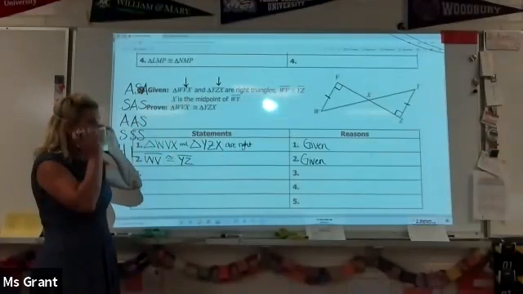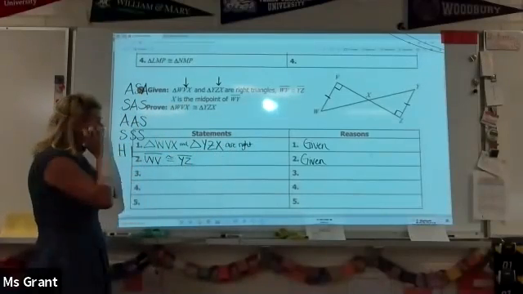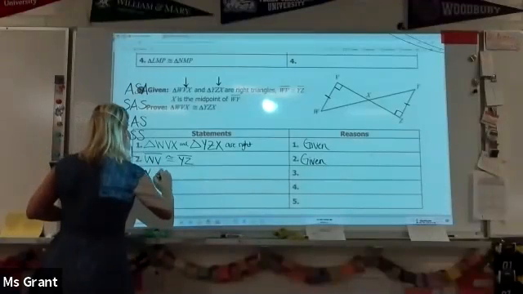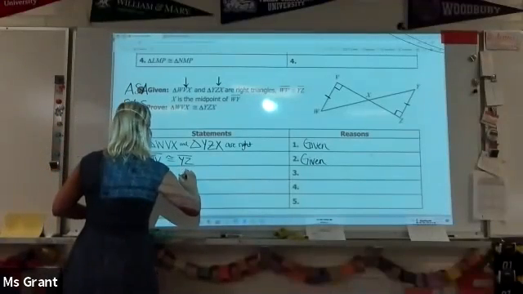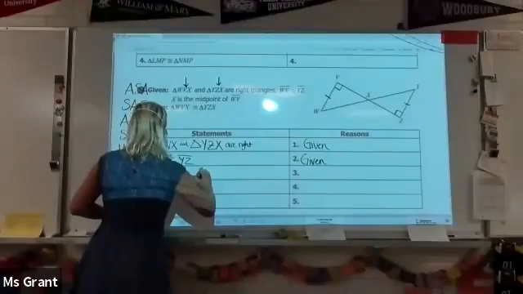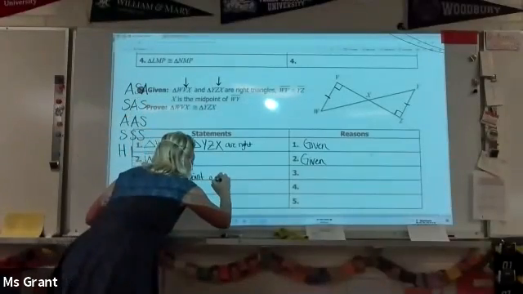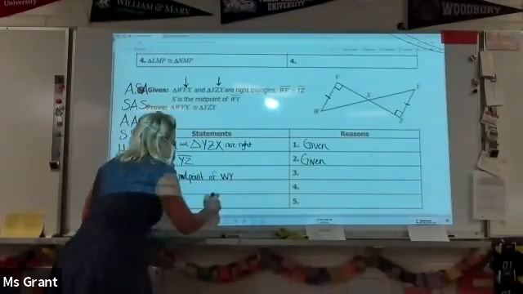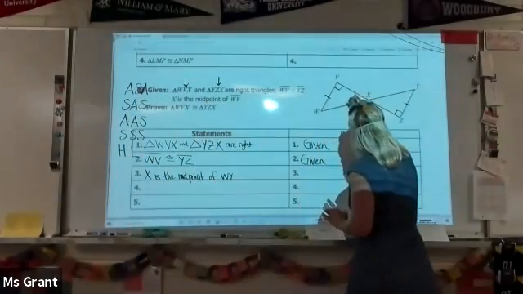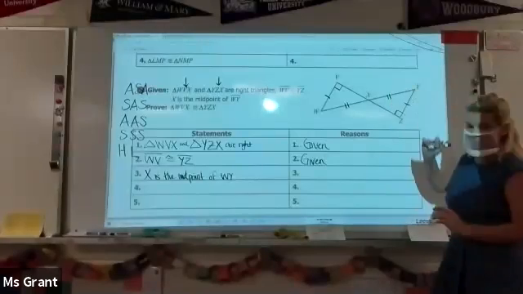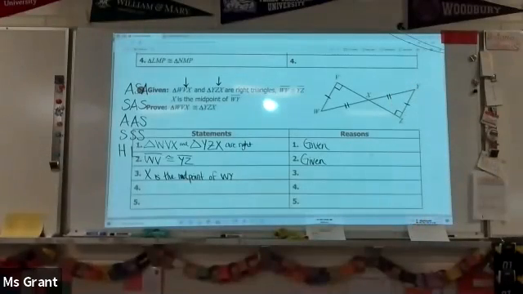X is the midpoint of WY. There's my hypotenuse.